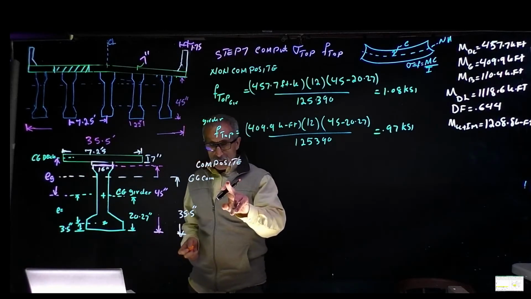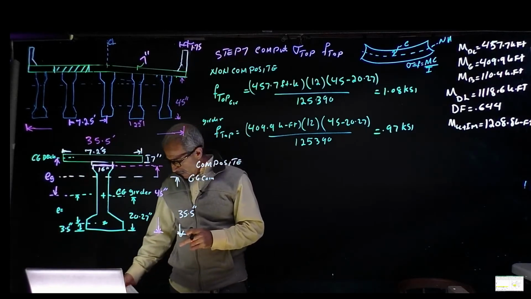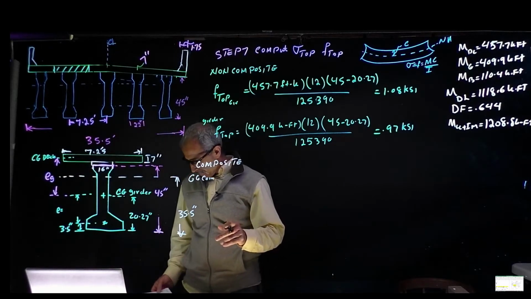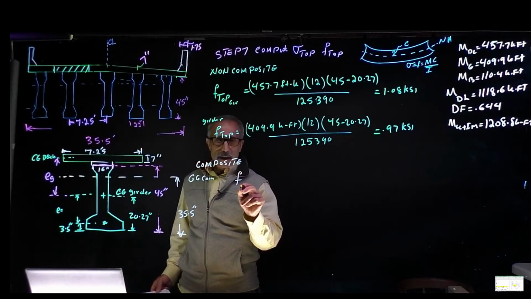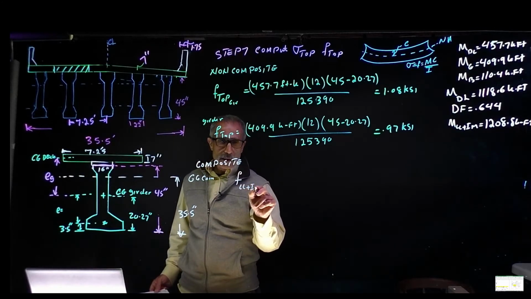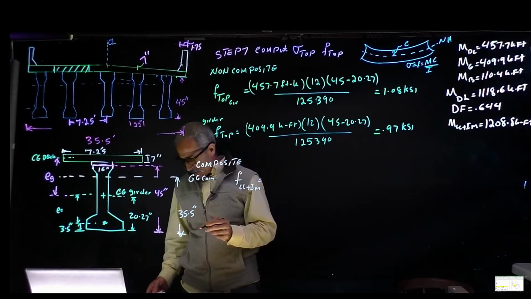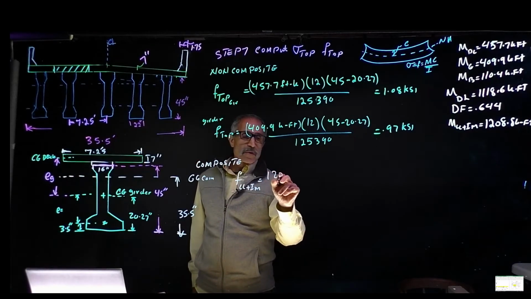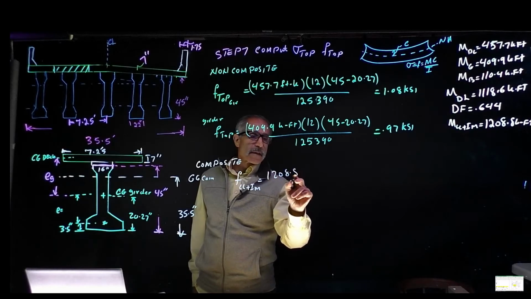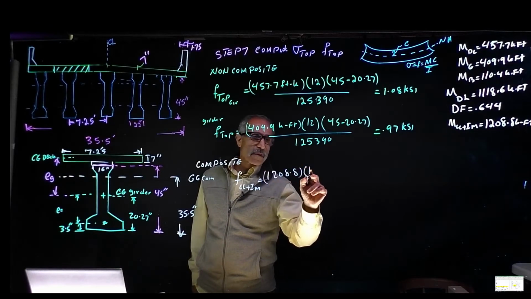We're going to go ahead and calculate this for composite. We're going to find the F for LL plus IM, or sigma, whatever you call it. We said our moment came out to 1208.8. Let's multiply by 12.